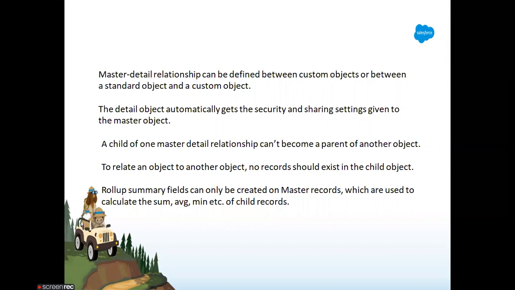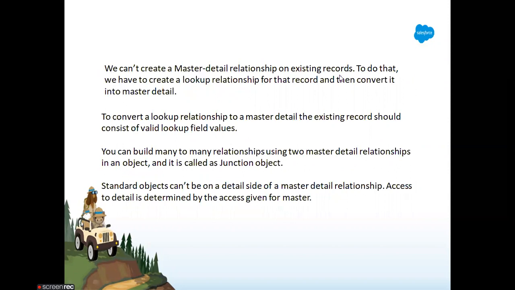Now, further, we cannot create a master detail relationship on existing records. If you want to perform this kind of activity, that means if your detail or child object contains records, first you need to create a lookup relationship, and when the lookup relationship is successfully created, then you can convert the type to master detail.